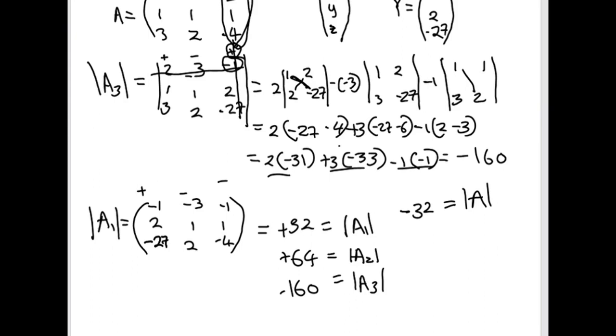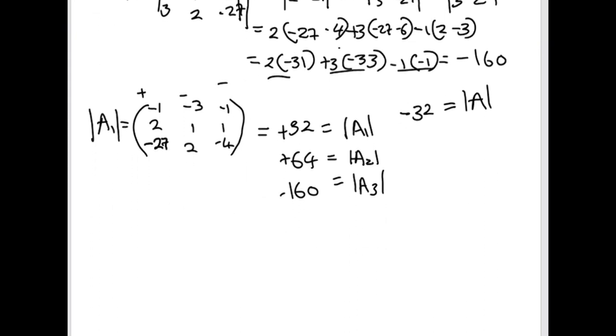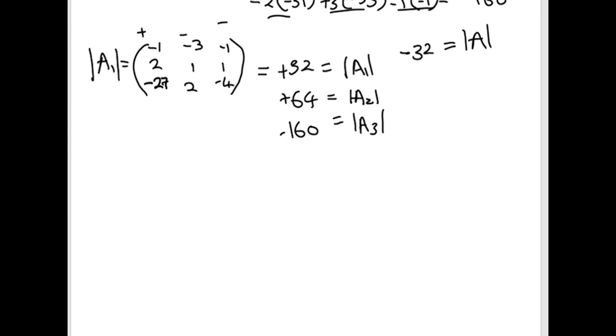Negative 160. Now the last step to finish on this question is to get the solution x, y, and z. I'm going to get the solution of x, y, and z.